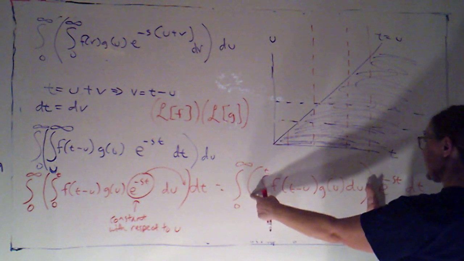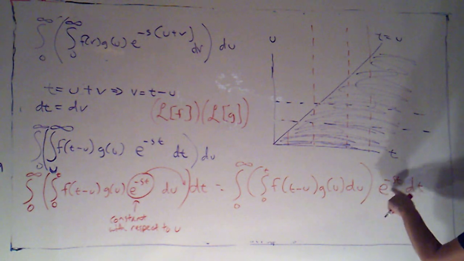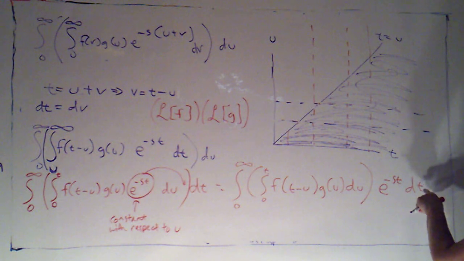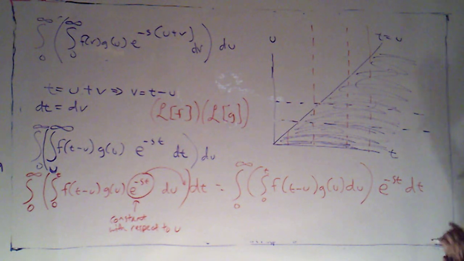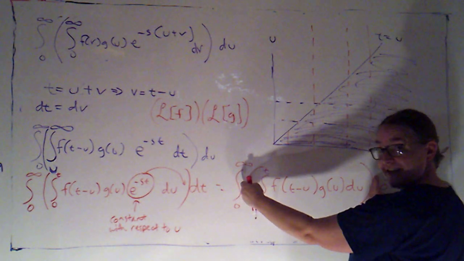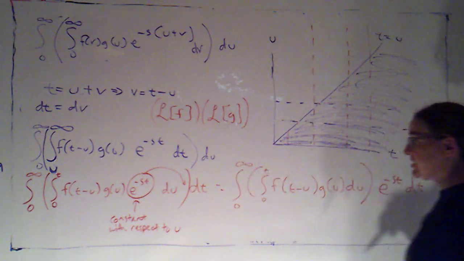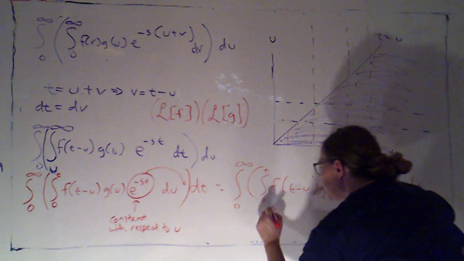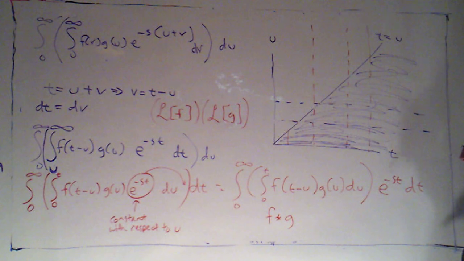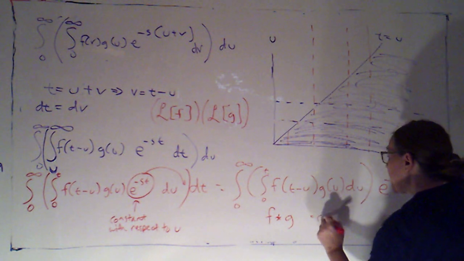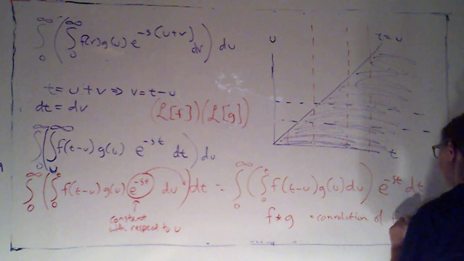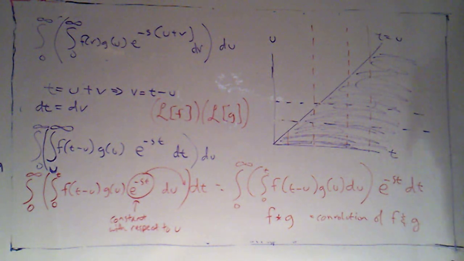This function of t multiplied by e to the negative st dt exactly matches the formula for the Laplace transform of this function right here. So that function has a name. We call it f star g, and it's the convolution of f and g.